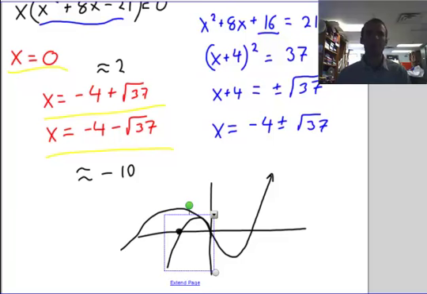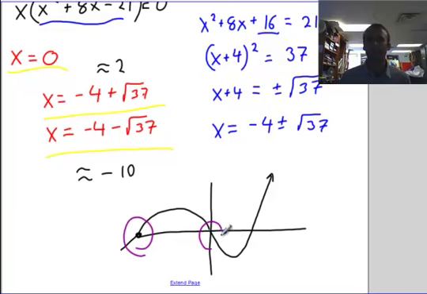That would be a better approximation. You have to move that point out here. So at negative 10, and this one is about 2. So this is a rough estimate of what this graph looks like. Okay, that's what we're solving for. We're solving for these zeros here, or roots.